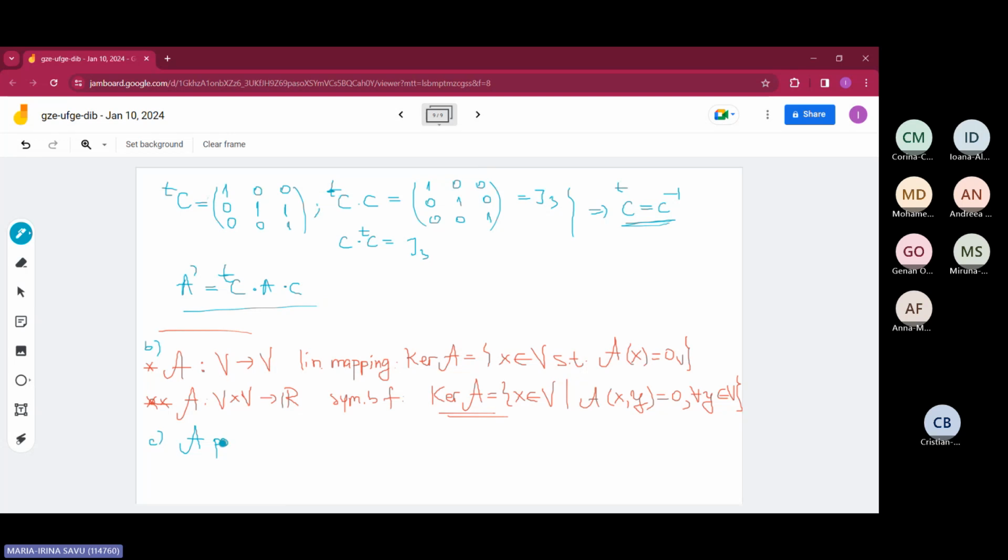A is positive defined if, this is the definition, A of X and X is greater than 0 for every X different from the zero vector of V, right?